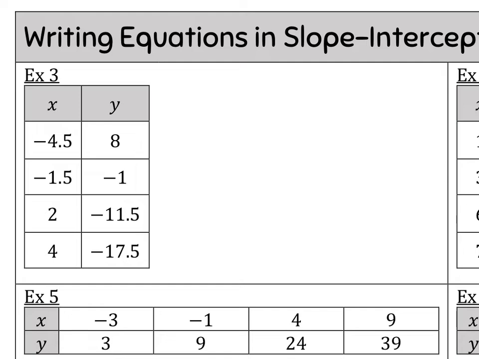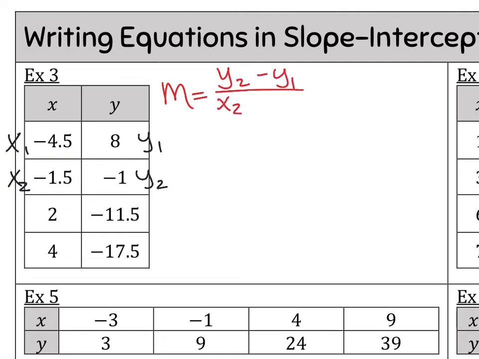So really, when I go back to what did they give me, they gave me x1, y1, and x2, y2. If I want to write, eventually, an equation in slope-intercept form, I need a point and a slope. But I'm only given 2 points. So if I look at my formula chart, we have a whole equation for slope. Once I've labeled my points, I write down my formula for slope.